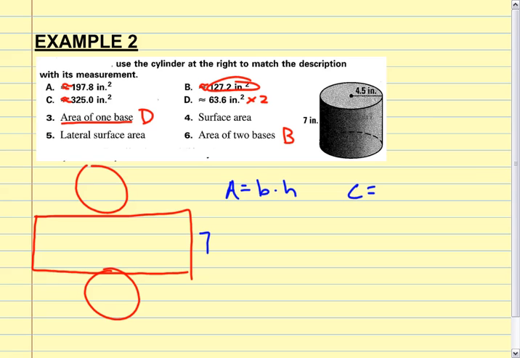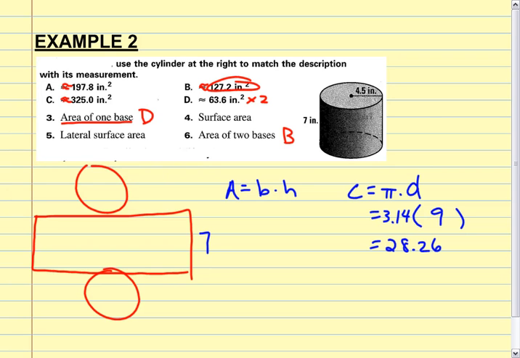Excellent. What is the formula for the circumference of a circle, Bailey? Pi times d. So I know I'm going to replace pi with 3.14. What am I going to replace d with? 9. Excellent. And what do I get when I multiply those two things, Evan? 28.26.